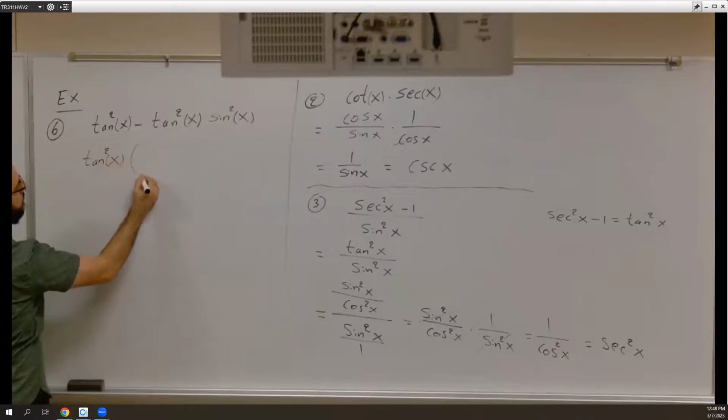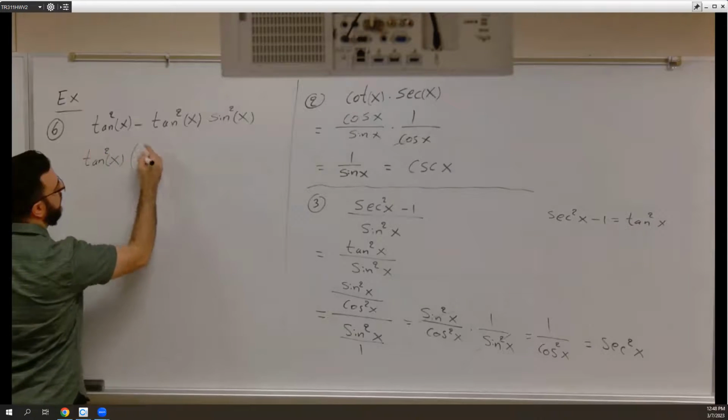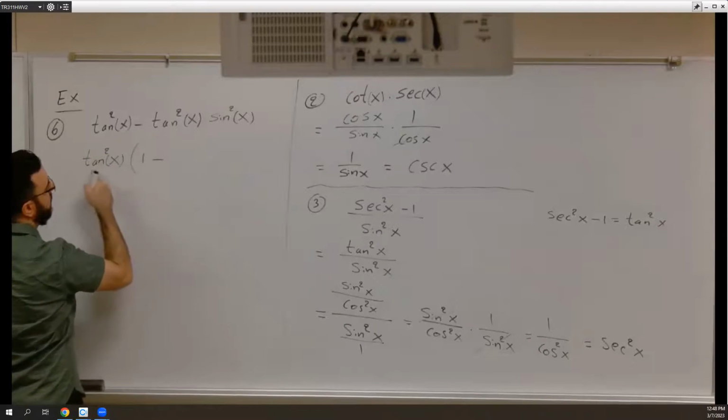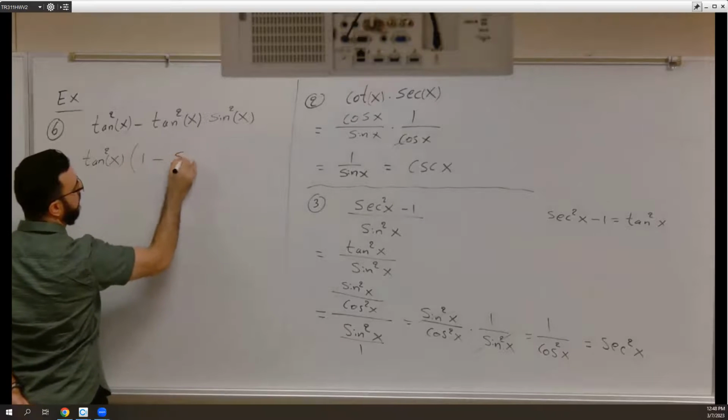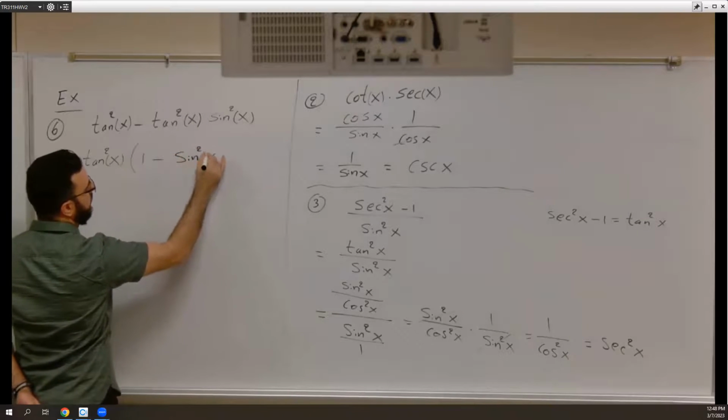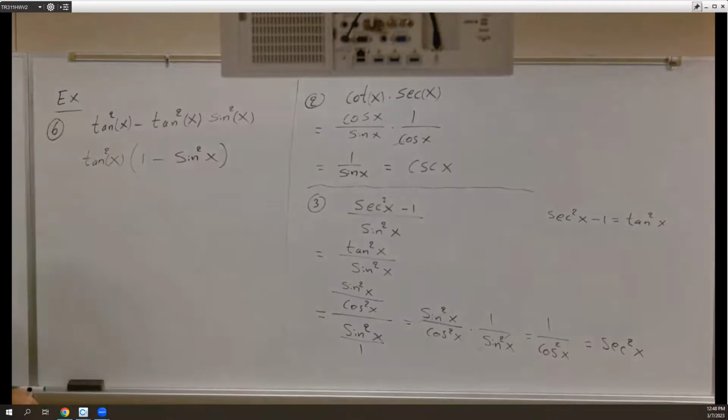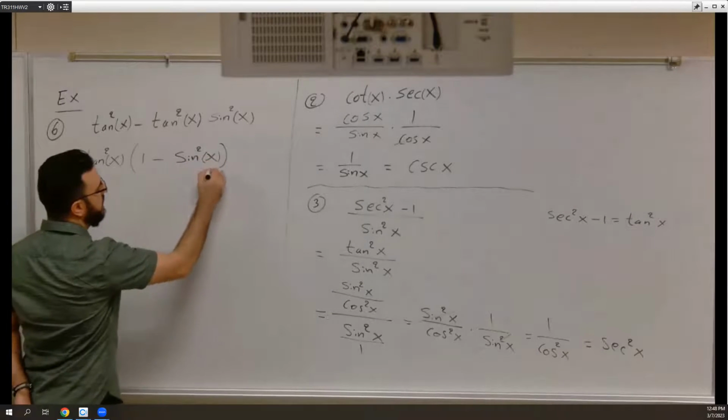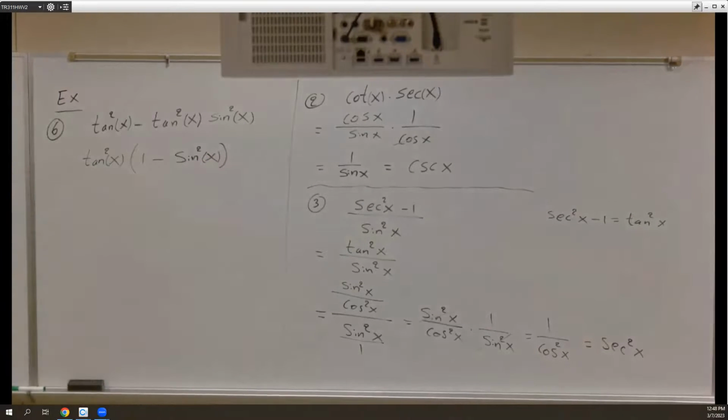What's the left? On this side is 1. Here is the minus. I took the tangent. What's the left here? Sine square x. Yes or no? Now, what's the next step? Or the 1 minus sine squared, I'm gonna look here. 1 minus sine square is what?